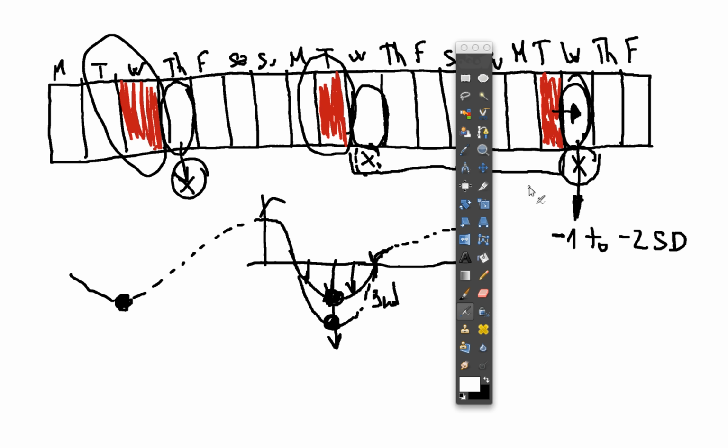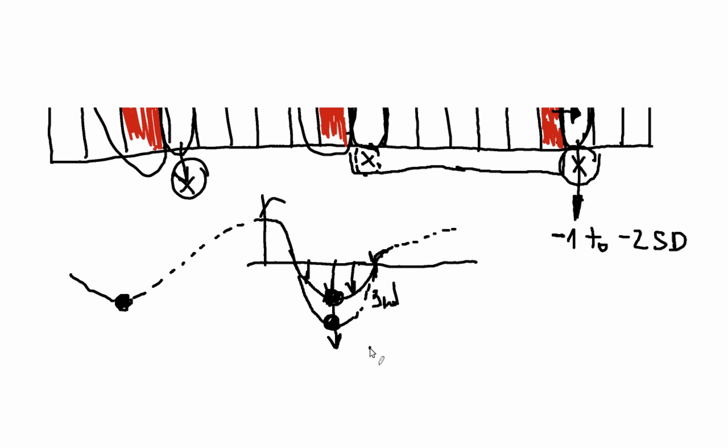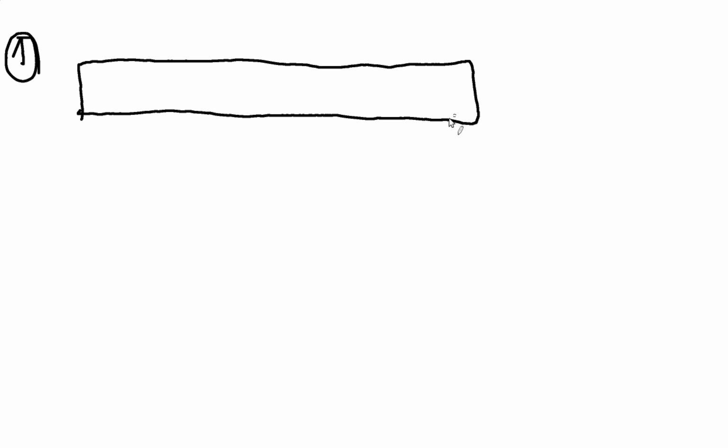Let me clear this up. So first, instead of comparing one day, so if this is our last day, we want to compare the reaction on this day to something that's a baseline.